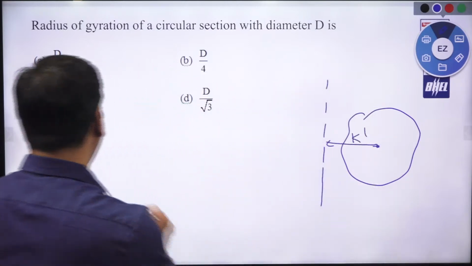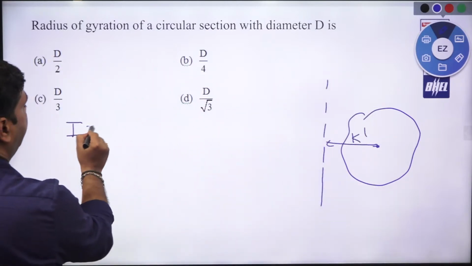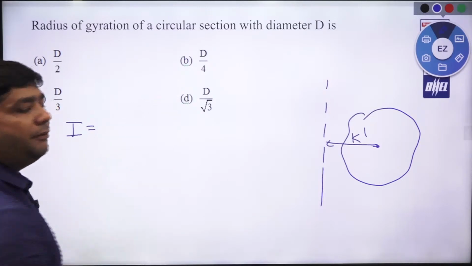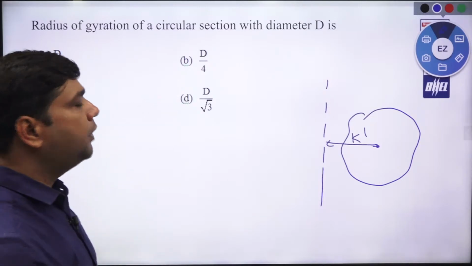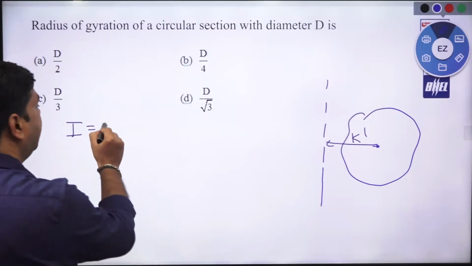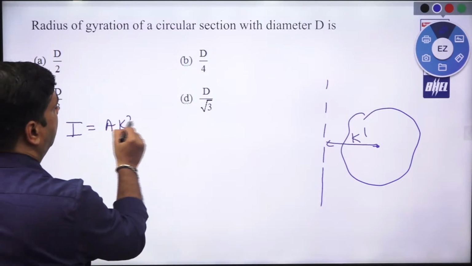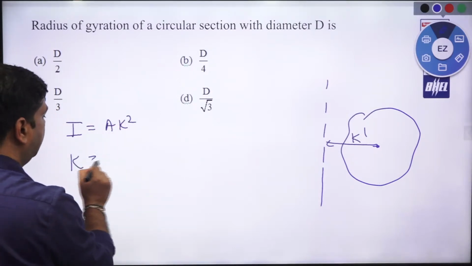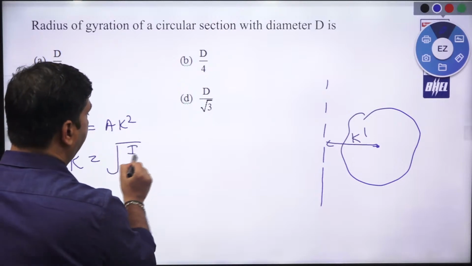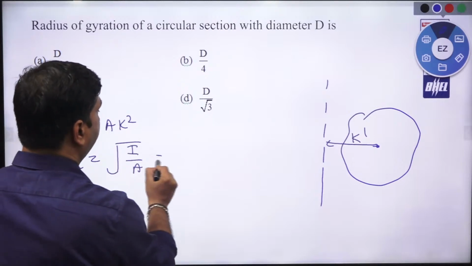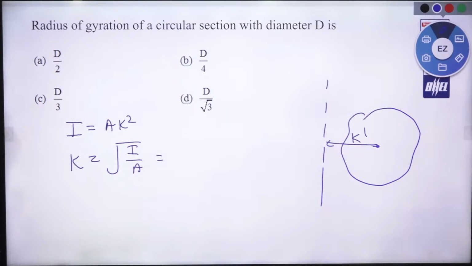It is denoted by I equals A k square or M k square. Here we are talking about the area moment of inertia, so we take I equals A k square. So k equals root of I by A. This is a circular section having diameter d.